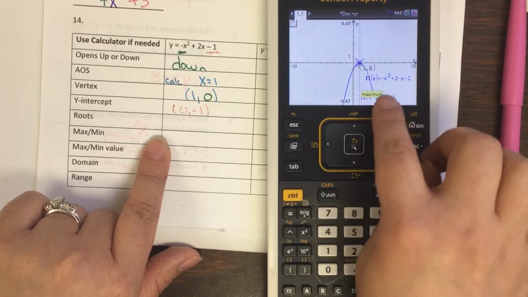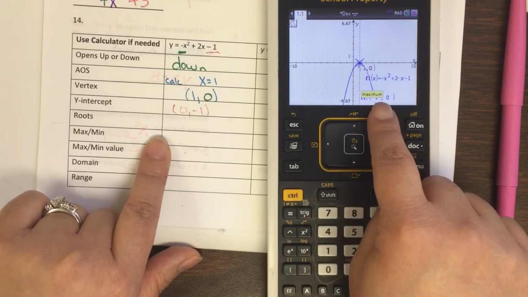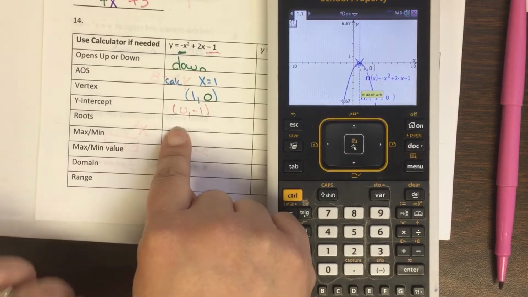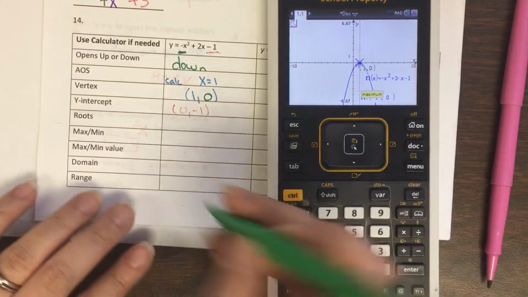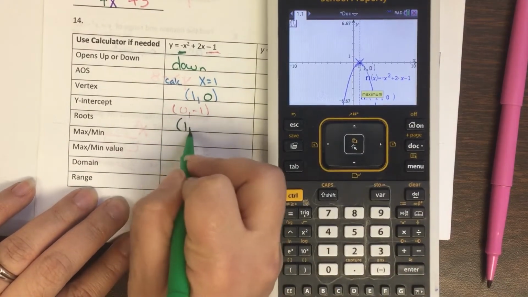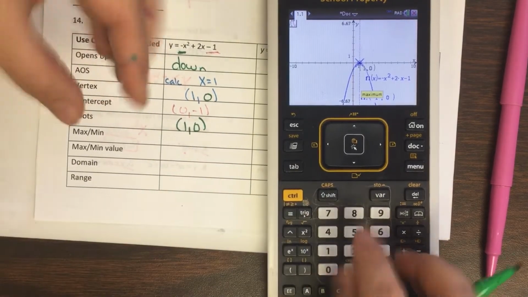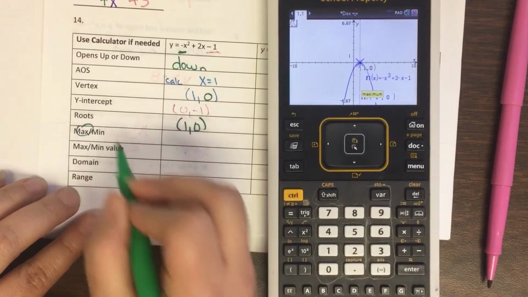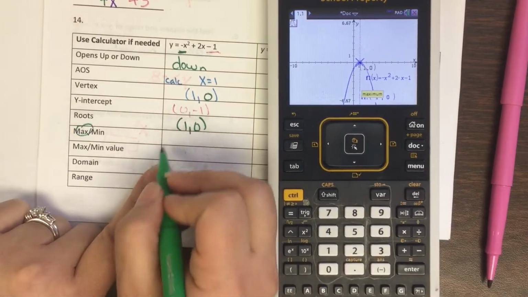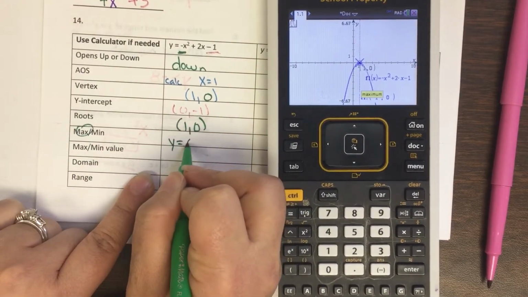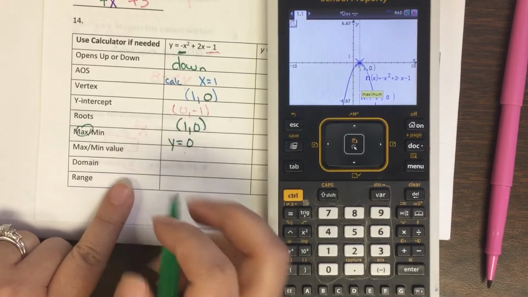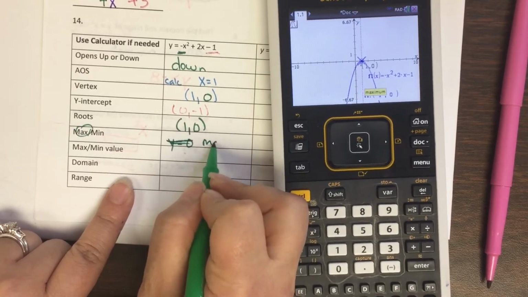It will tell me my maximum, but I also need to know that that's also my x-intercept, your root, your 0, your solution. So here would be 1, 0. Because it's opening down, that is a max. And my maximum value is always the y value of my vertex.